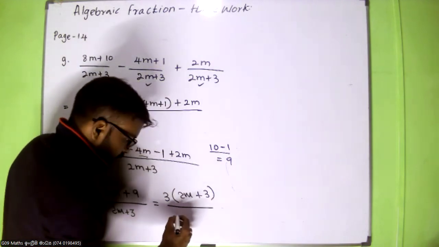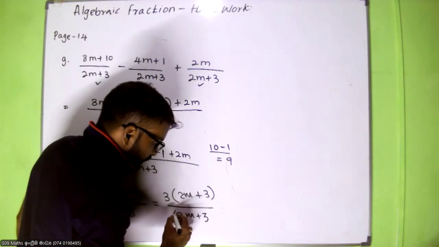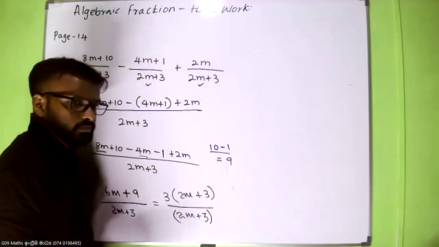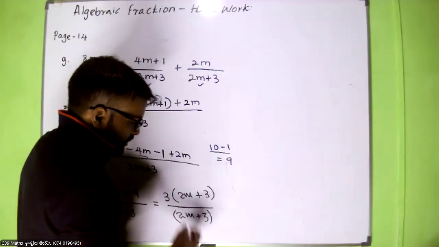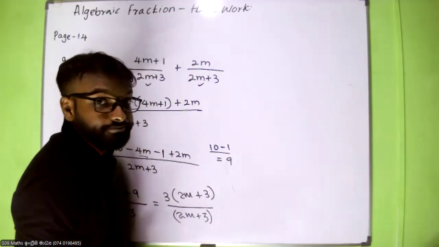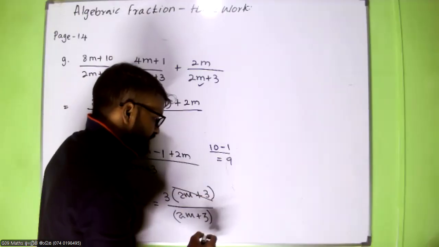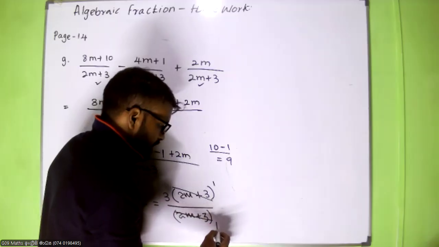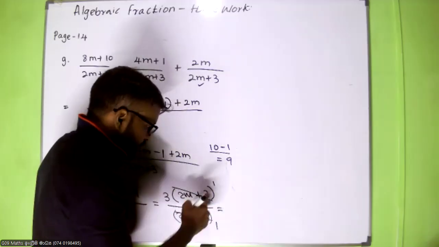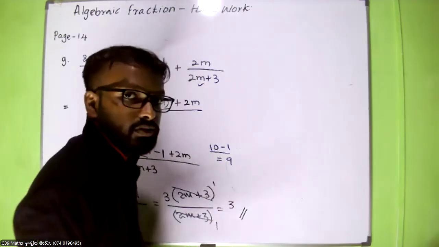Divide by 2m plus 3. Very interesting. 2m plus 3 divided by 2m plus 3 is 1. So your final answer will be 3.